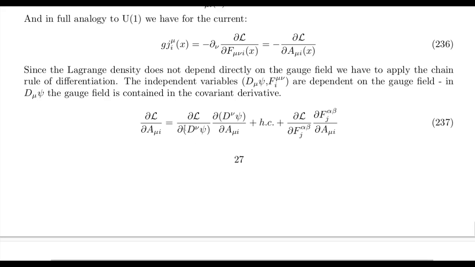It is contained in the covariant derivative, so we have this first term, the Hermitian conjugated term, and we have F. A is contained in F, and so we have the chain rule with the field tensor.